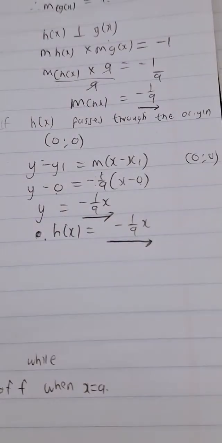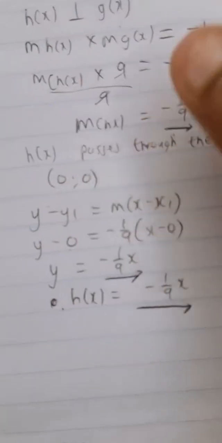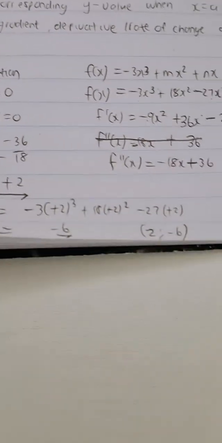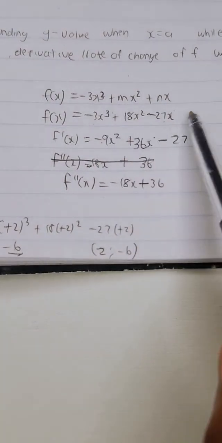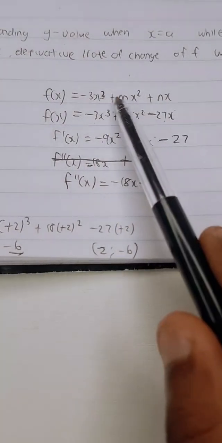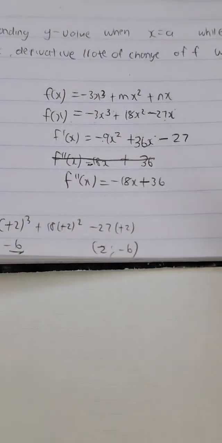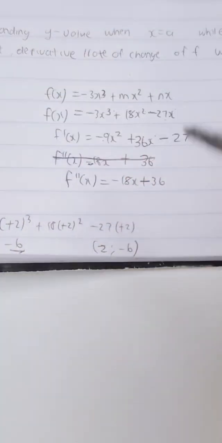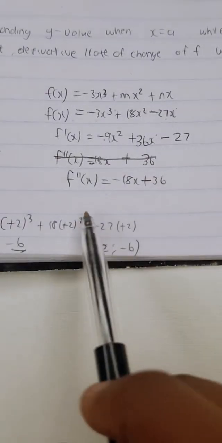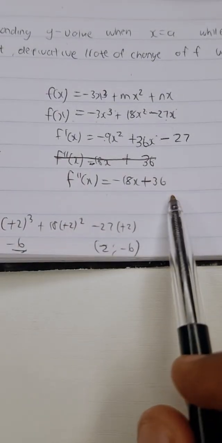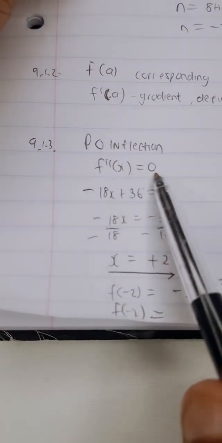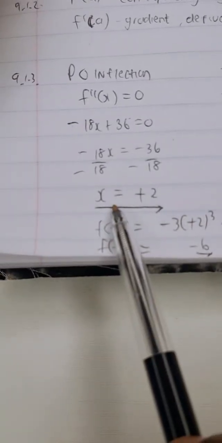So step by step, what we did when we were answering this question is that firstly, we found the point of inflection of f of x. How? We found the first derivative of f of x, and then we found the second derivative of f of x. We then equated that second derivative to 0, solved for x, and got x is equal to 2.